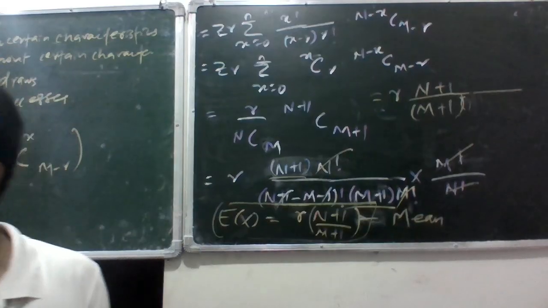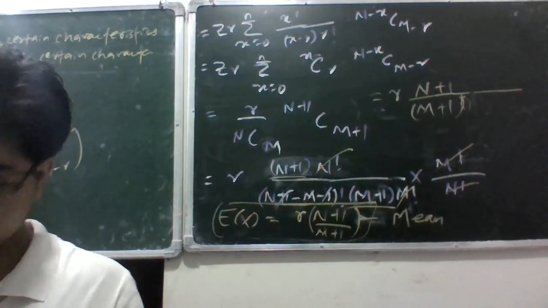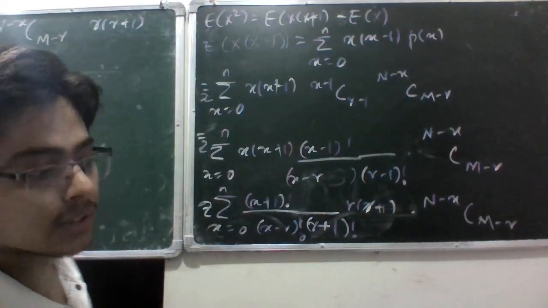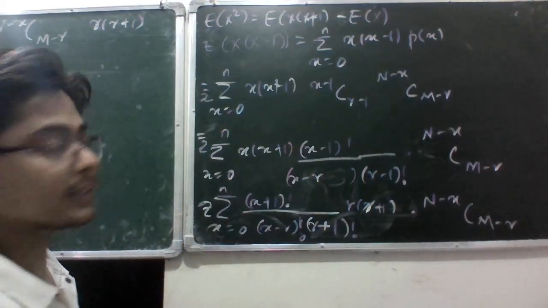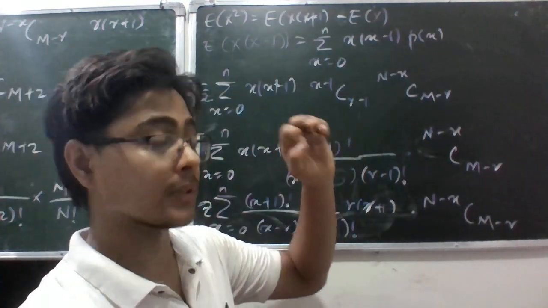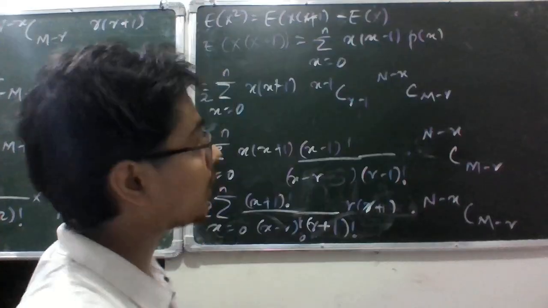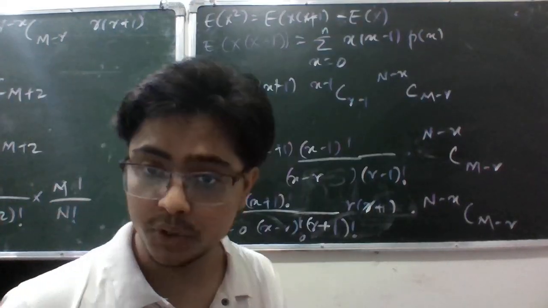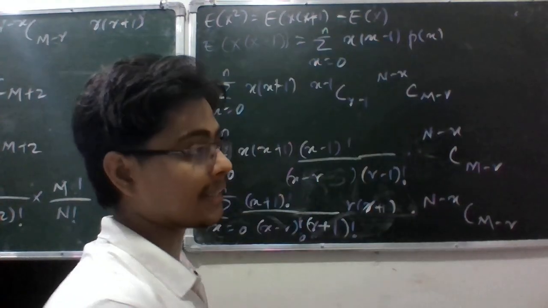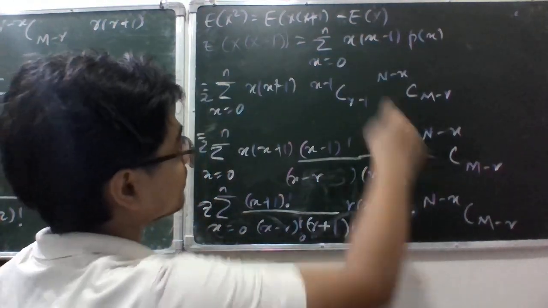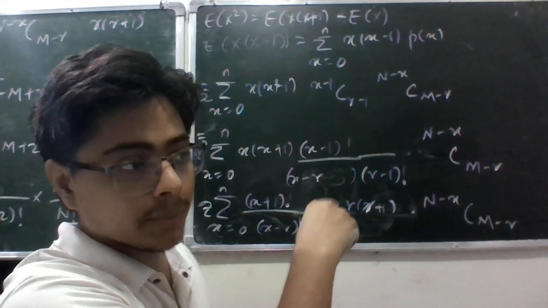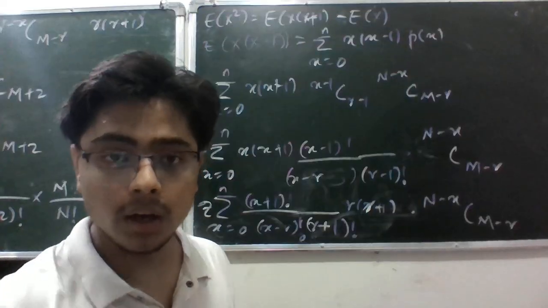Now let's see how we find the variance. For the variance, we do a similar thing to what we did in the hypergeometric case. So expectation of x squared equals expectation of x times x plus 1 minus expectation of x. You might remember that in the hypergeometric distribution we had written x minus 1 and a plus sign there, but we have x plus 1 here, and you will understand that later in the equation.